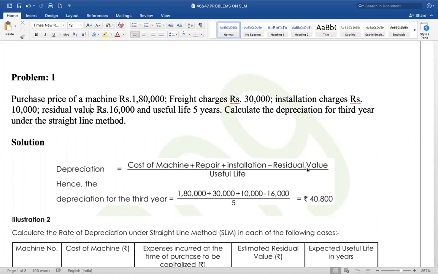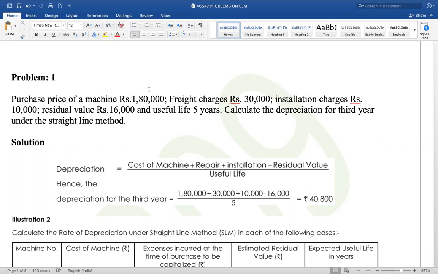That's the residual value, scrap value, divided by the useful life of the asset. Once again, depreciation is equal to cost of machine plus repairs plus installation minus residual value divided by useful life of the asset.